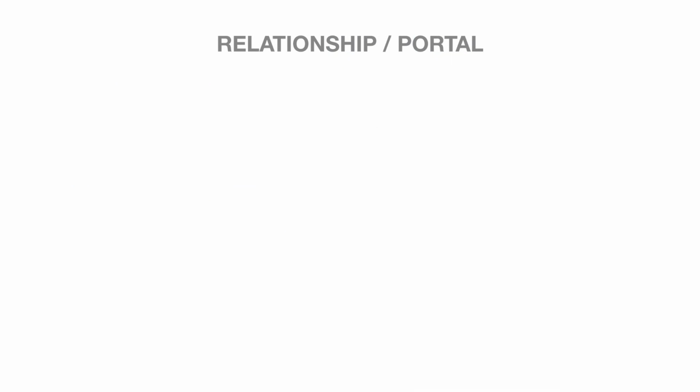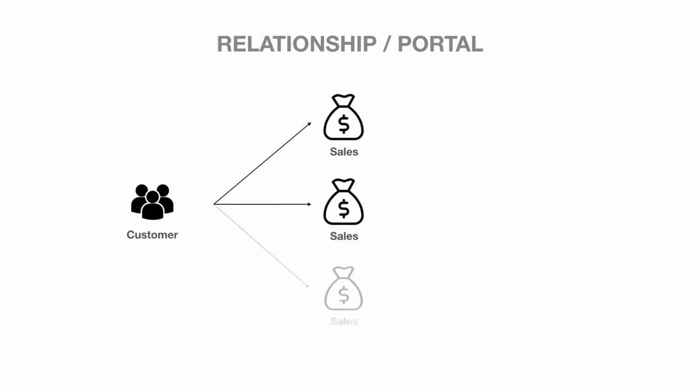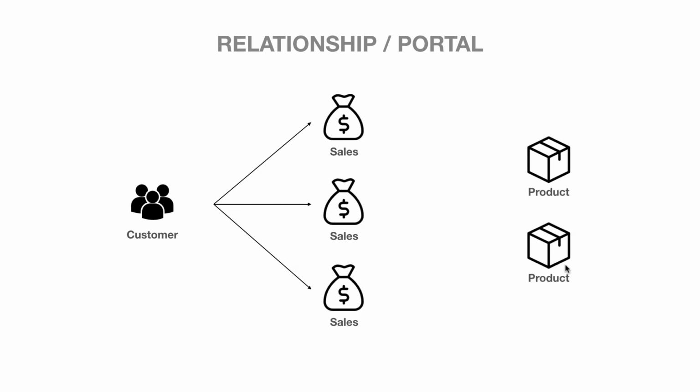So let's talk about relationship and portal just a little bit. Now let's say you have a customer table and you have 1 customer record, and this customer might have done business with you a few times and have multiple different sales records. And then you might also have 2 different kinds of products inside your catalog that these sales records are related to.